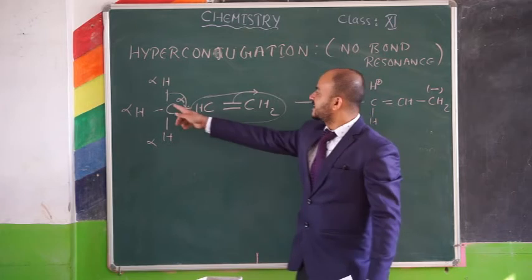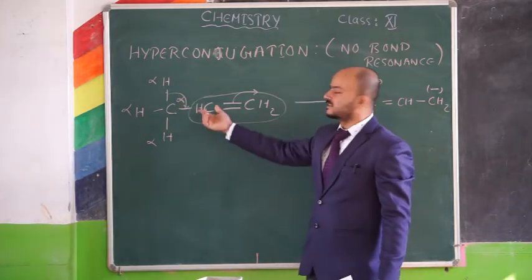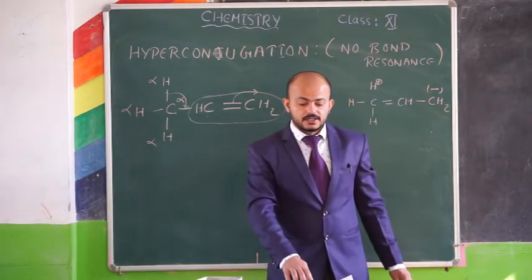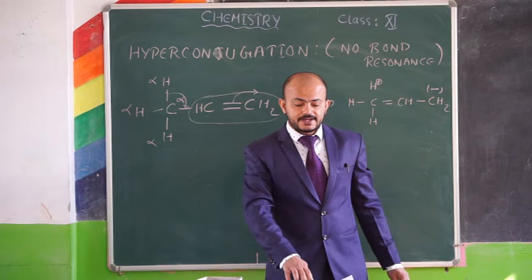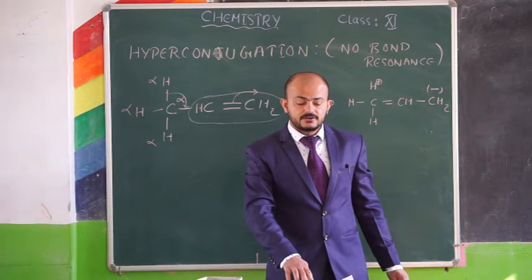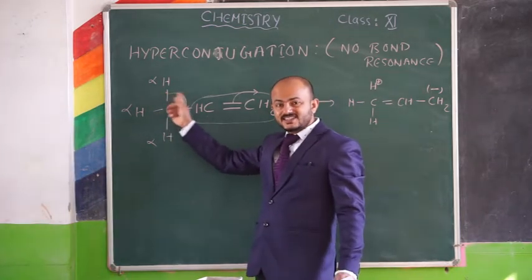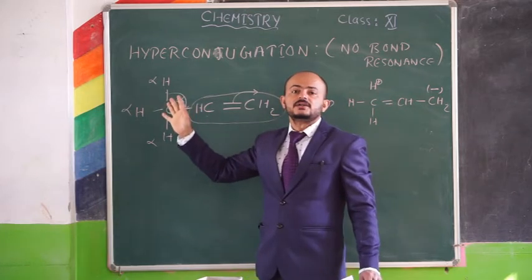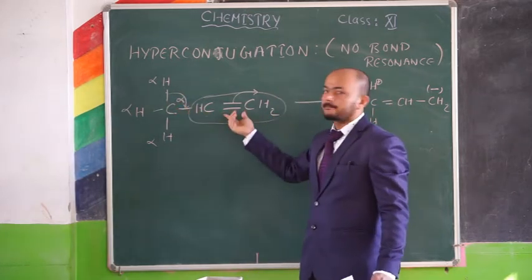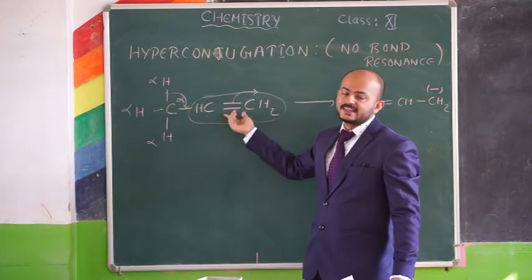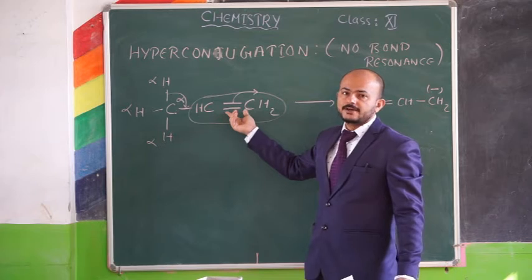So here the CH sigma bond is there, and here there is a p orbital. It is also defined as the delocalization involving a sigma bond. You can see that the sigma bond, single bond, is taking part in resonance with the pi bond here, and this effect is known as hyperconjugation.